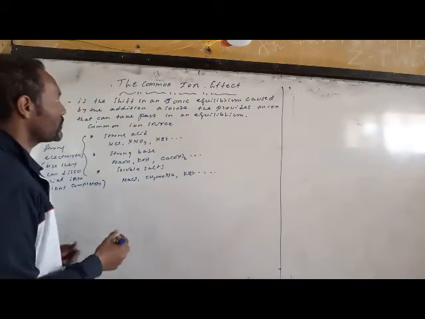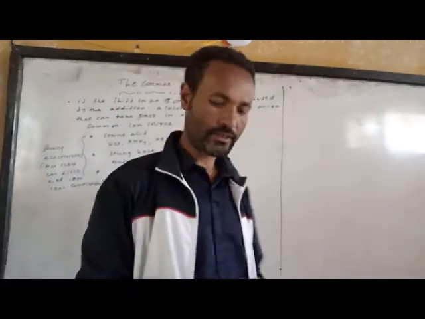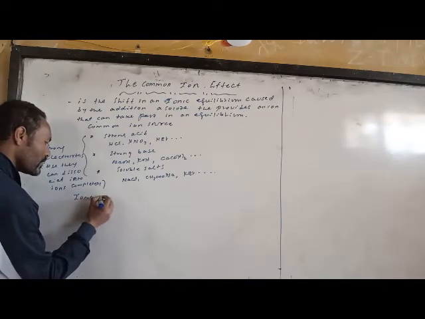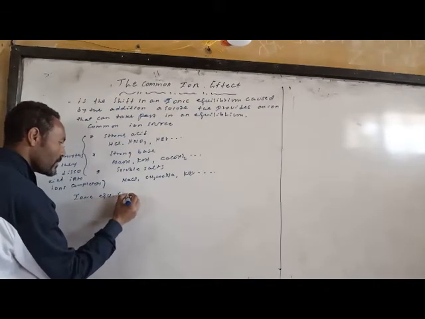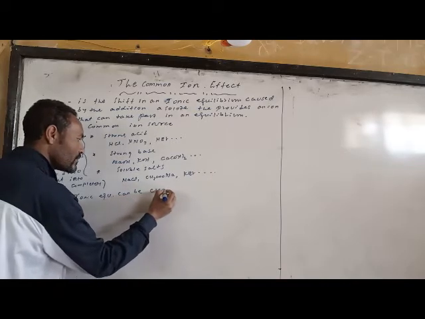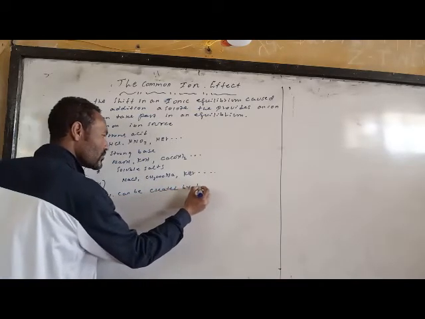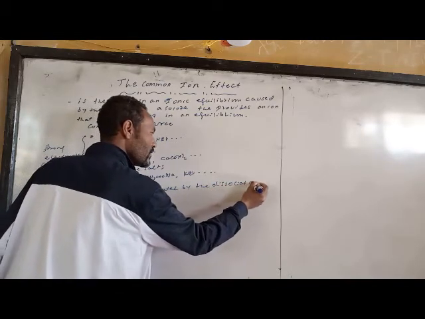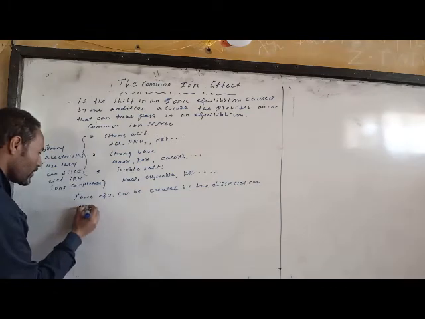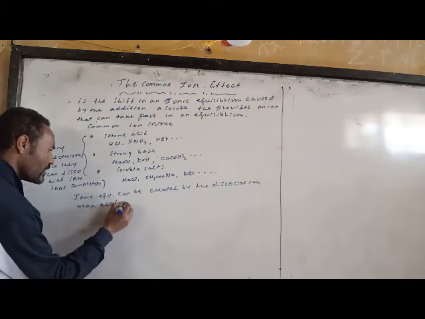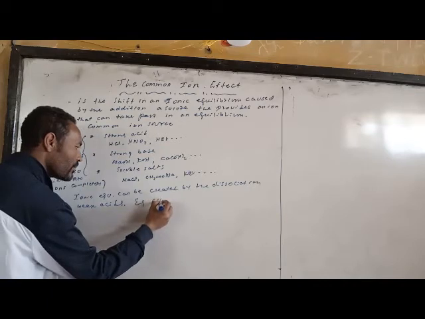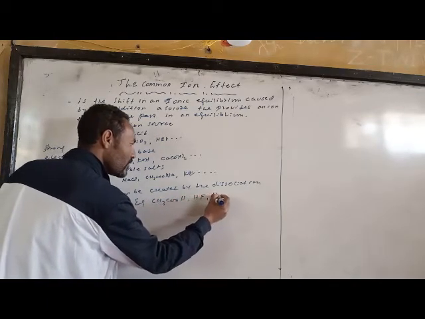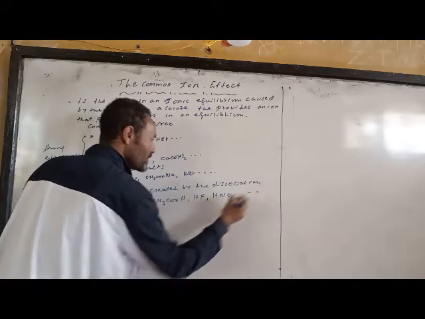So the ionic equilibrium can be created by the dissociation of weak acids, like for example acetic acid, or hydrofluoric acid, or nitrous acid and the like.